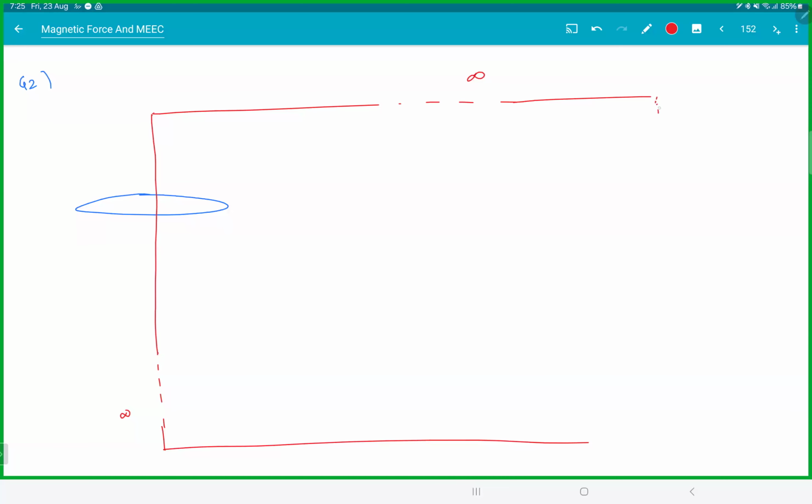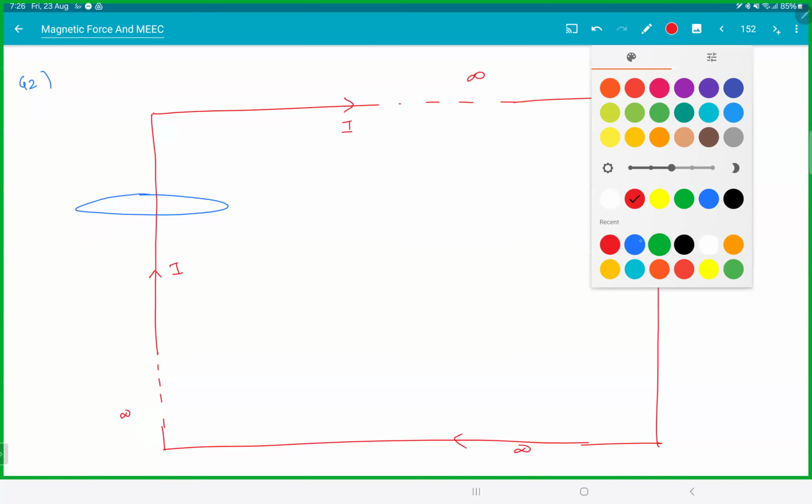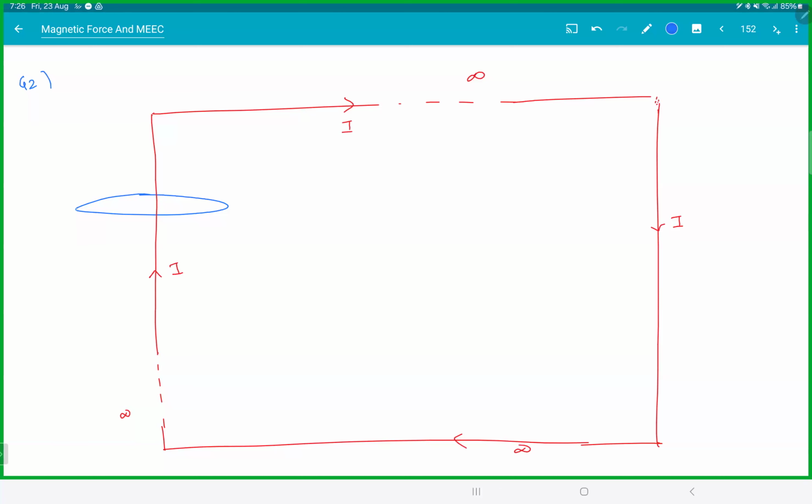And so the current is going in a loop like this. So this top part is finite. This angle is theta. The radius of the loop is r.